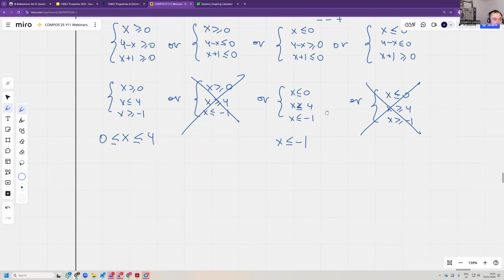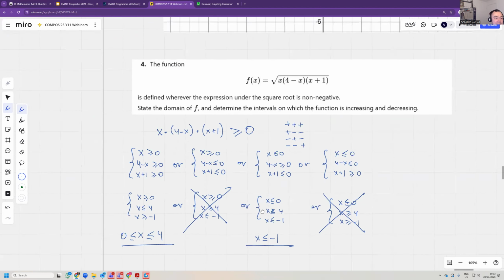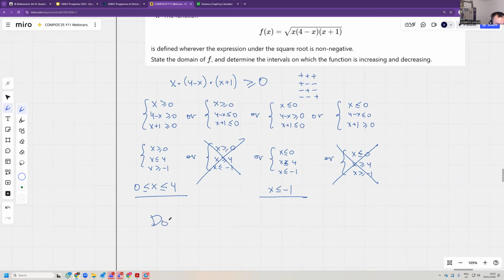You can't be greater than 0 and less than -1 at the same time. So these are the possible values. So this is the domain. So the domain is x less than -1, or x from 0 to 4. So that is the domain.